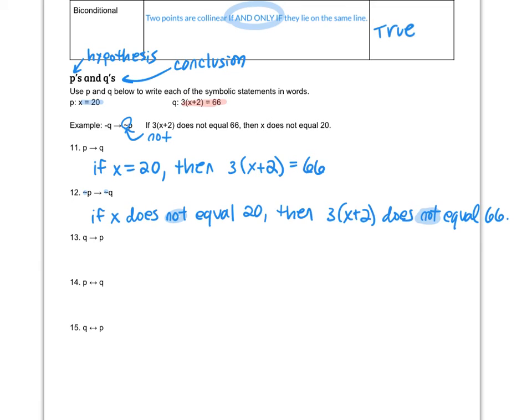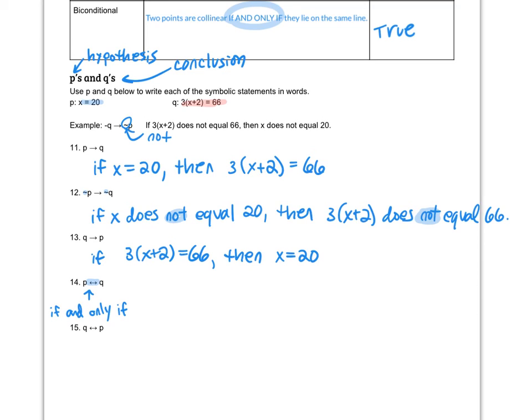Now for this next example, we have if Q, then P. So we would say if 3 times the sum of x and 2 equals 66, that's our Q, then x equals 20. See, all we did was put our Q first and then our P. This next one has a double arrow here, and that means if and only if.